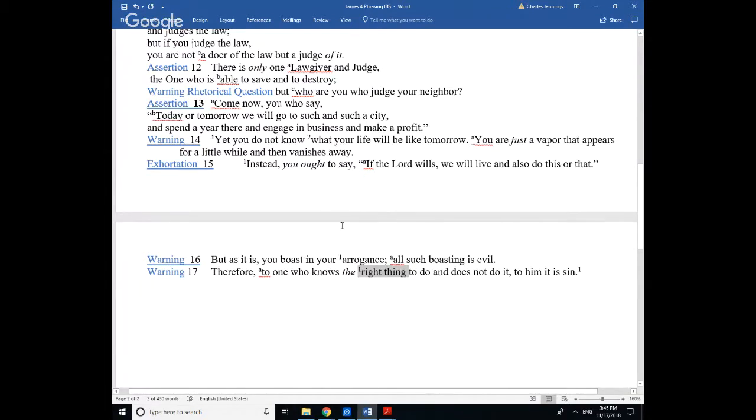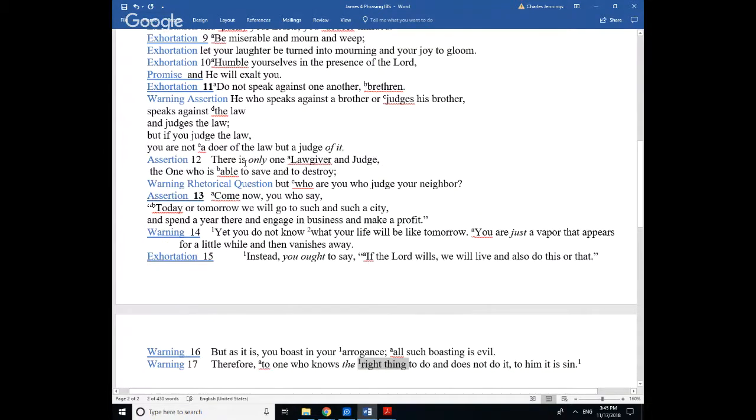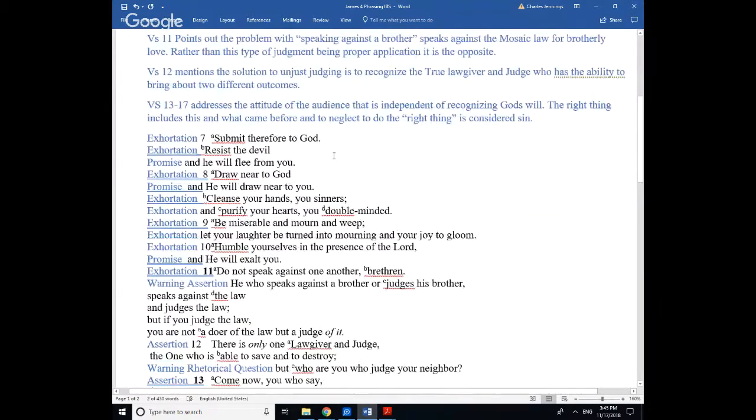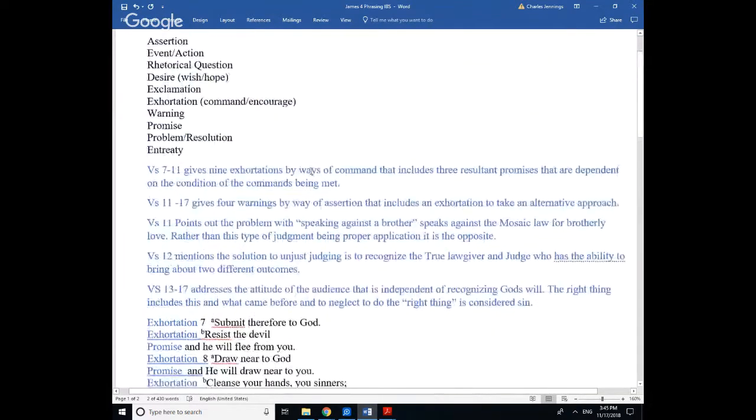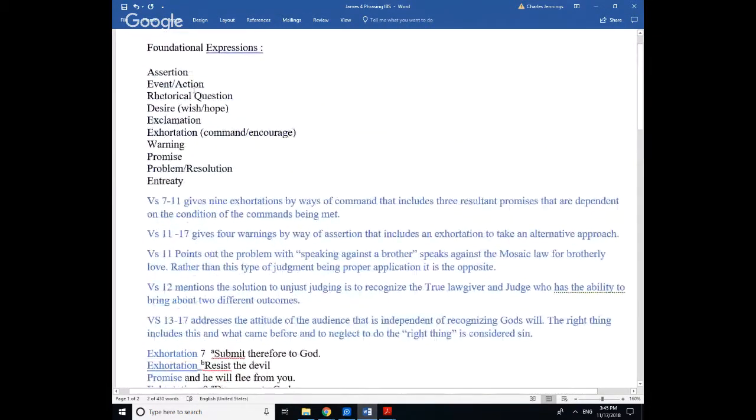I think all of this relates to the right thing. And that may not be right, but that's where I'm at at the observation point. The right thing includes this and what came before, and to neglect to do the right thing is considered sin. So from this, we can see that this helps you trace the flow and the function of the passage.